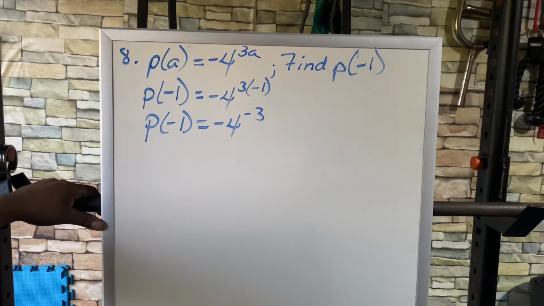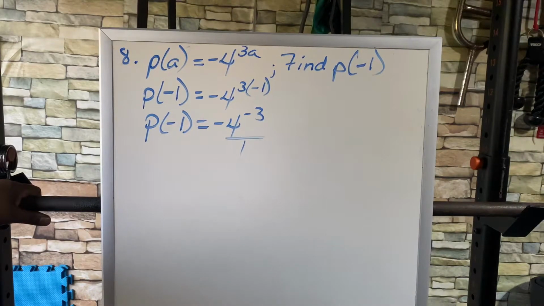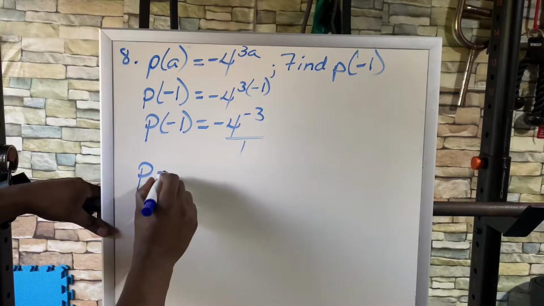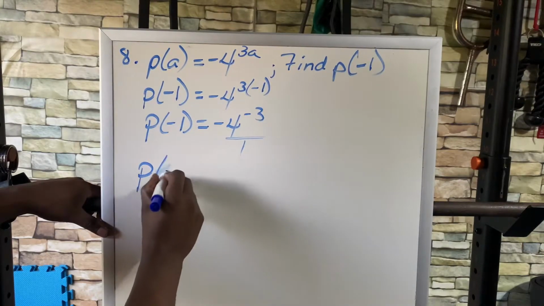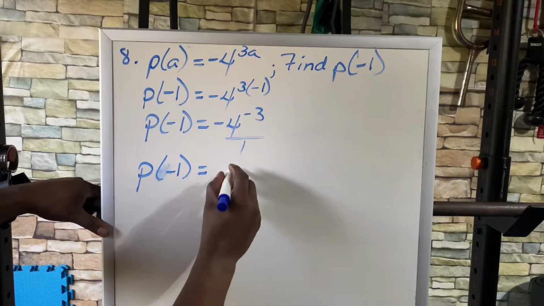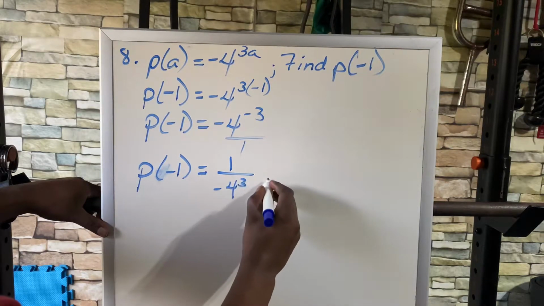The rule about negative exponents is that in order for them to be positive, we take the reciprocal. So P of negative 1 equals 1 over negative 4 to the third.